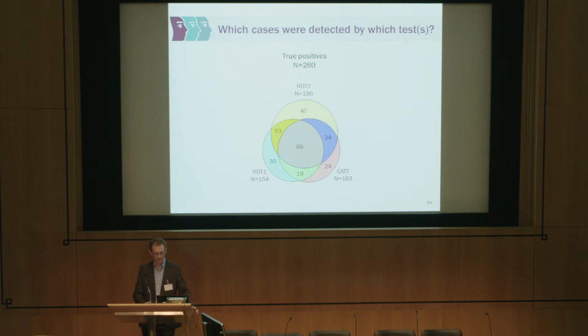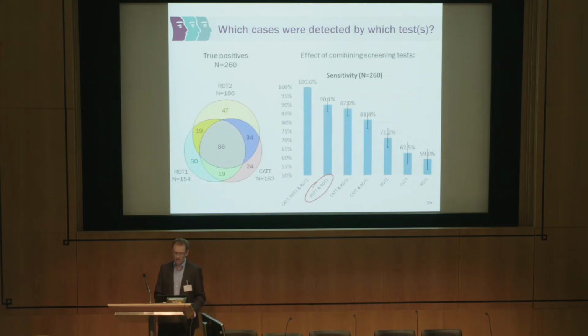So clearly, non-overlapping patients in terms of their serological profile. Which means that, of course, if several tests are combined, it gives a much higher sensitivity. For example, here you can see that if RDT1 and RDT2 are combined, then it's possible to achieve a sensitivity in the range of 90%, which is much higher than, for example, RDT1 alone, which is 59%. So going forward, that's maybe something that would be worth considering.